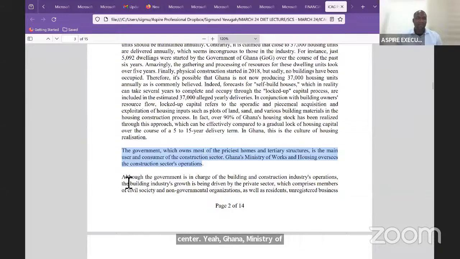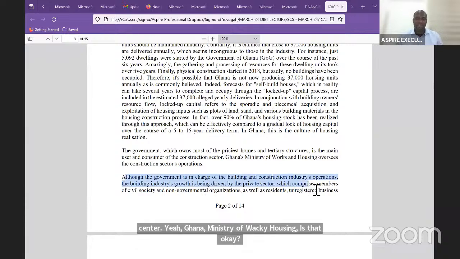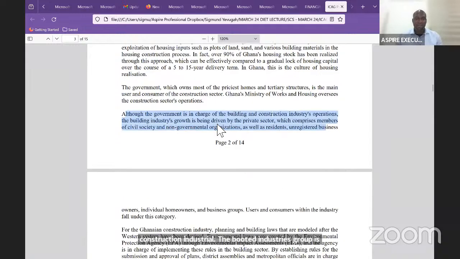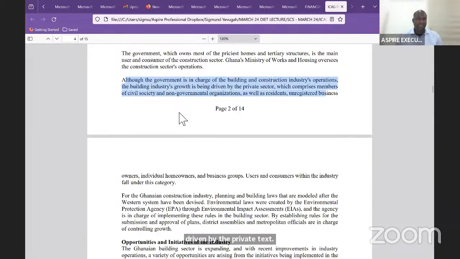Although government is in charge of the building and construction industry operation, the building industry's growth is driven by the private sector, which comprises members of civil society, non-governmental organizations, as well as residents, unregistered business owners, individual owners, and business groups. Users and consumers within the industry fall under this category.